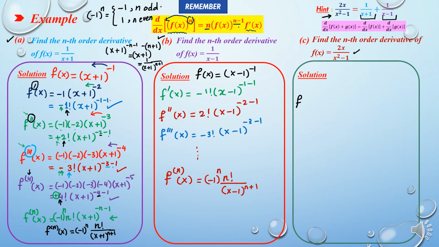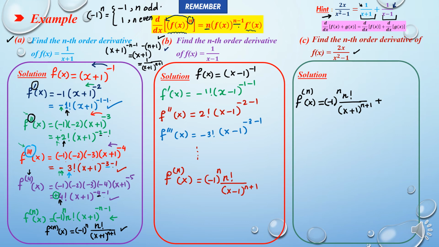So the nth derivative of this function equals the nth derivative for the first one, which is negative 1 to the nth power multiplied by n factorial divided by (x plus 1) to the n plus 1, plus the nth derivative for the function 1 over x minus 1.